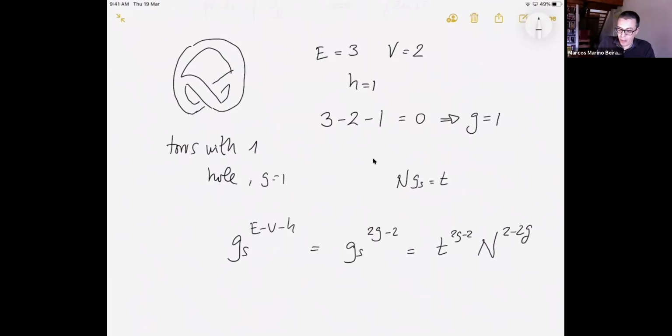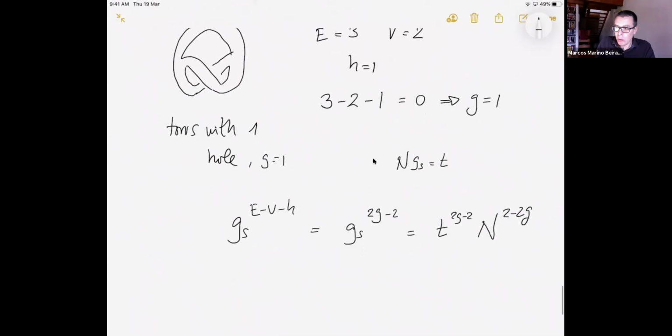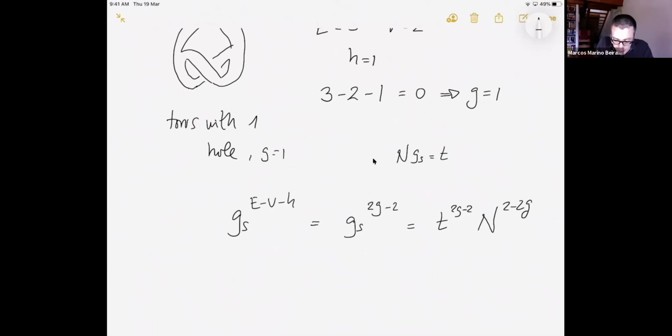So when you write it in this way, it's clear that when n goes to infinity, the dominant contribution to this expansion comes from g equals 0.